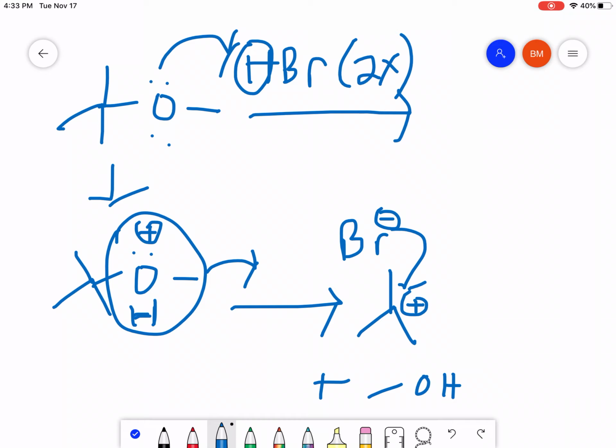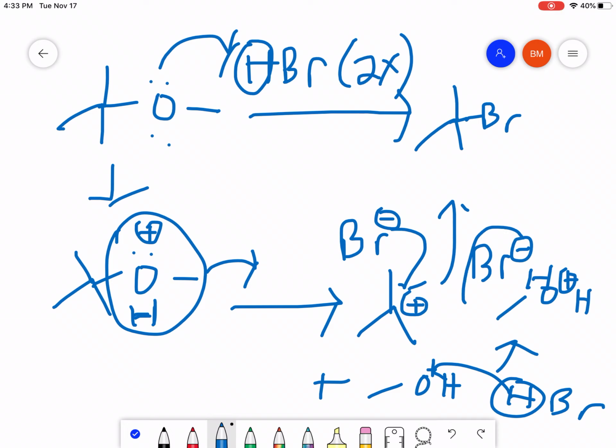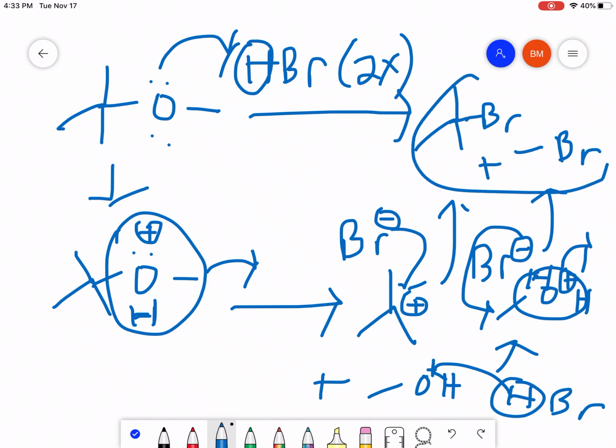That Br- can attack it, and that produces this product, right? And then, again, just like we saw last time, we have an alcohol byproduct that can be worked up and also ends up producing an alkyl halide. So, similar products in this case, but it proceeds via an SN1 mechanism.